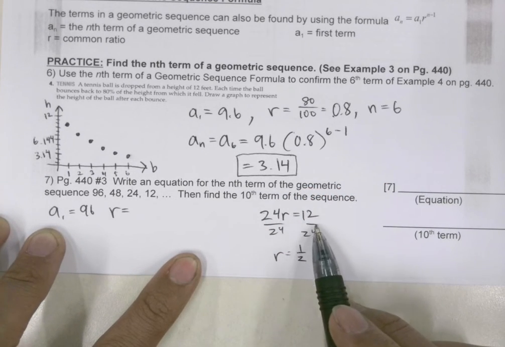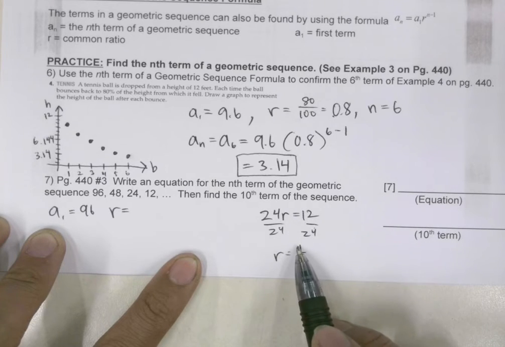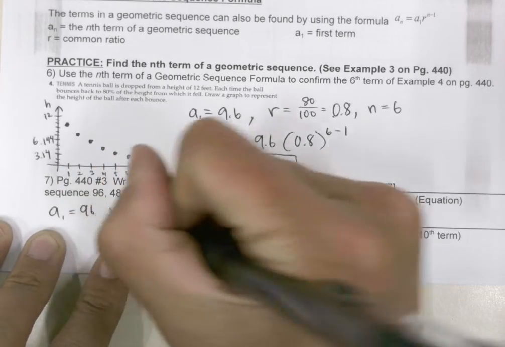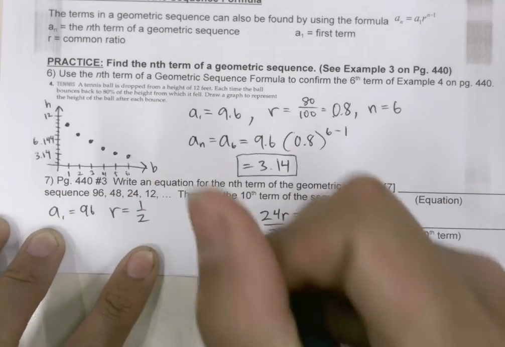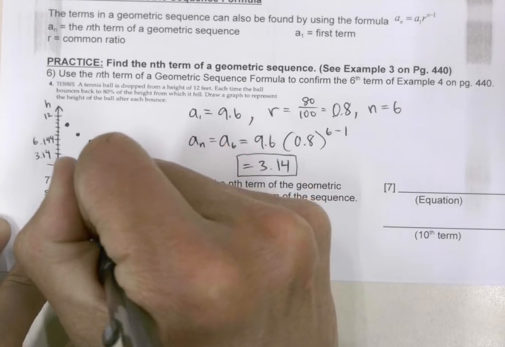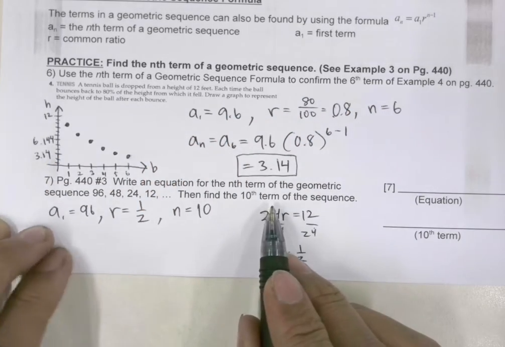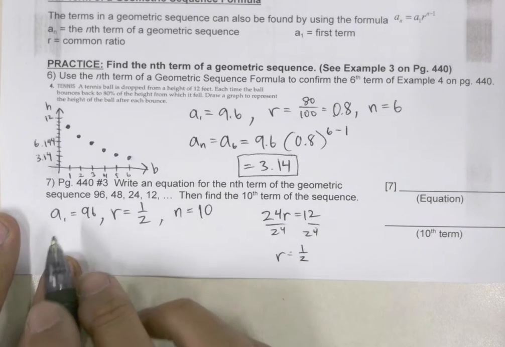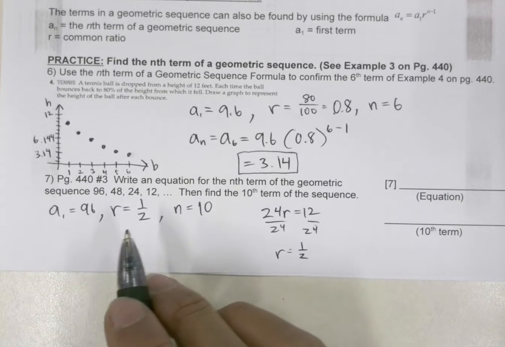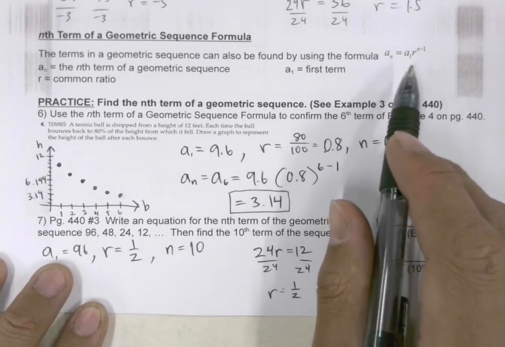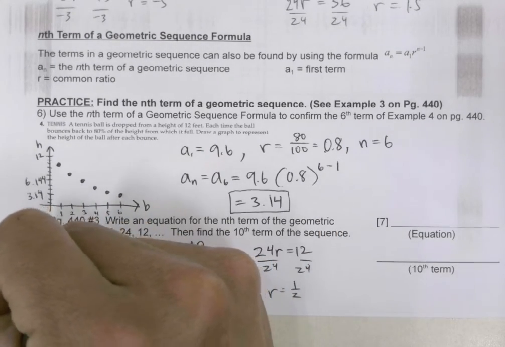With the greatest common factor of 12, I divide 12 by 12, that's 1, and 24 by 12, that's 2. So r is 1/2. And what is my n? My n is the 10th term, which is what we're looking for. So now that I have my a sub 1, my r, and my n, I can plug everything into the formula.